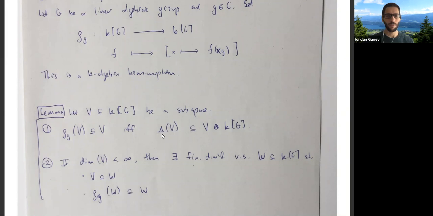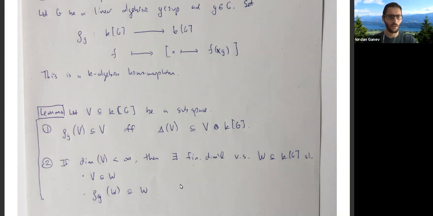Remember, we have a coproduct on the affine algebra of functions on G, mapping from K[G] to K[G] tensor K[G]. And the condition states that if we take V as a subspace of K[G], it maps into V tensor K[G]. That's the condition.